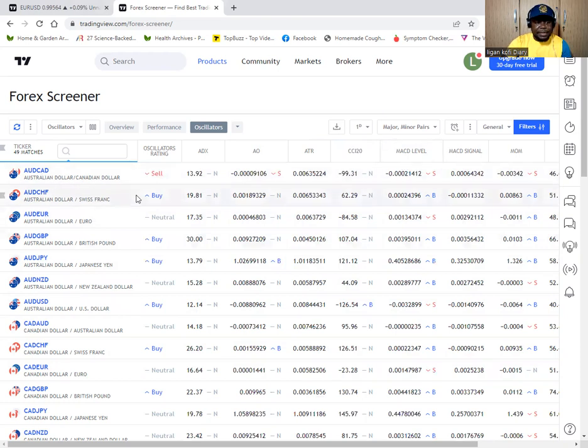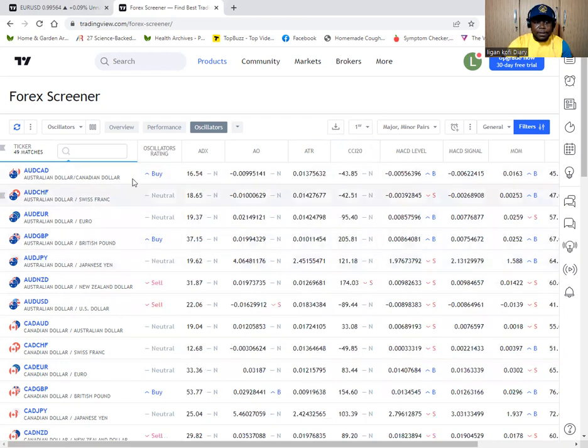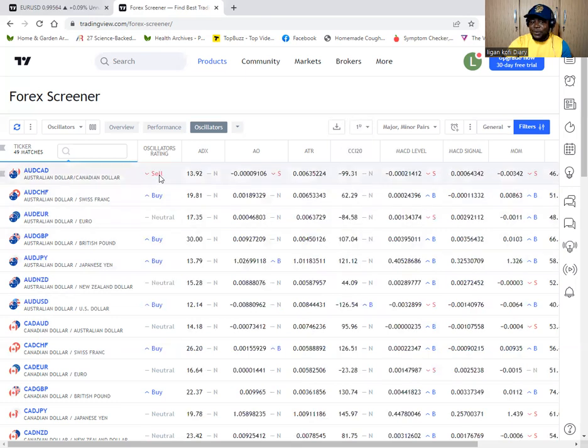On the daily, you see AUD CAD is sell, AUD CHF is buy. But if I switch it to weekly, you see that AUD CAD is buy, not a sell. On daily, it was sell. AUD CHF is on buy and AUD CAD is on sell on daily, but if I change it to weekly, you see different results.